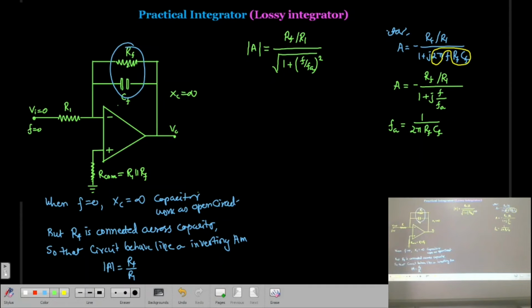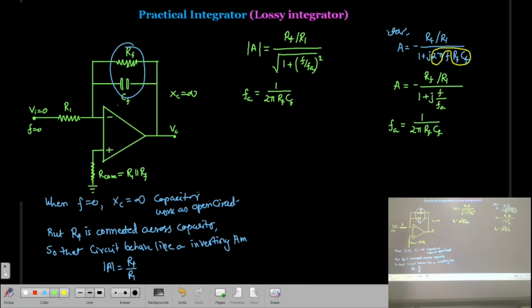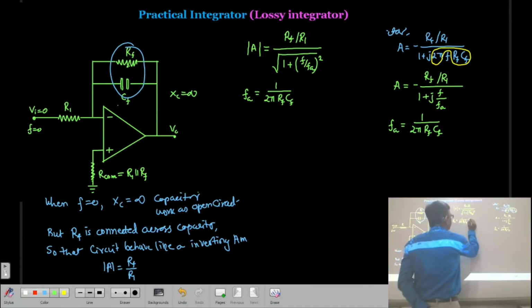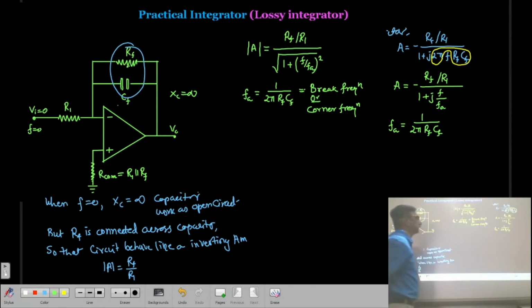Correct? Where Fa is given as 1 upon 2 pi Rf Cf. Remember, this frequency is known as the break frequency, or the corner frequency of the integrator. Fa is known as the corner frequency of the integrator.